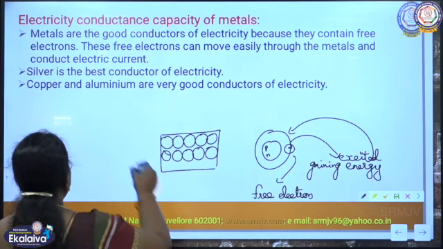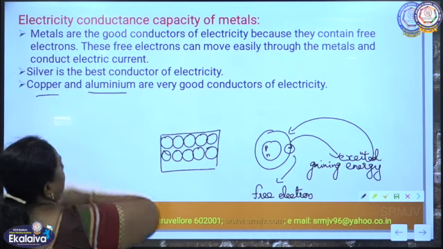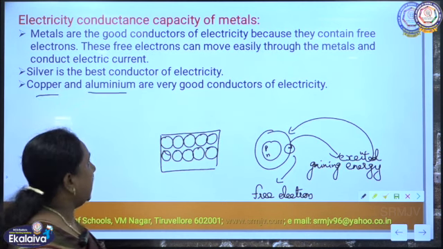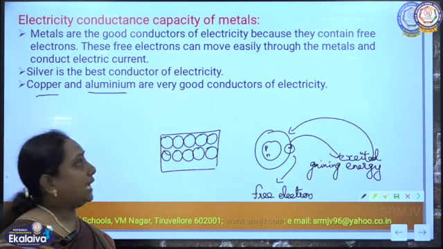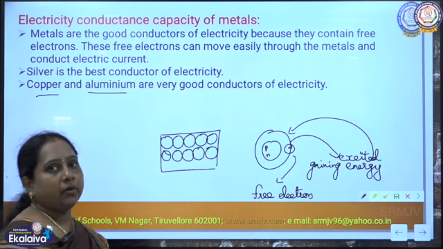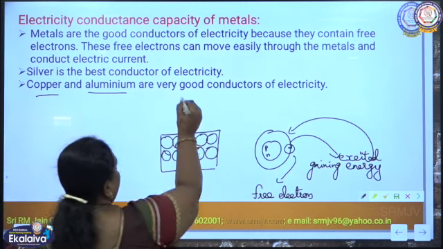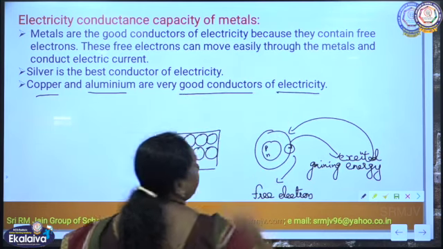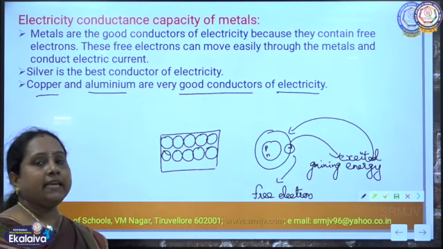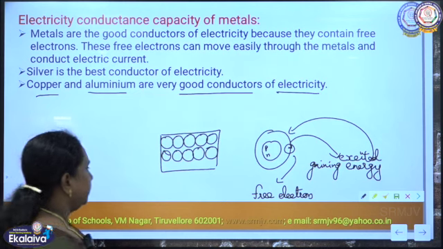So, copper and aluminium are the metals which have good conductivity capacity. They are highly used for making the wires of gadgets.